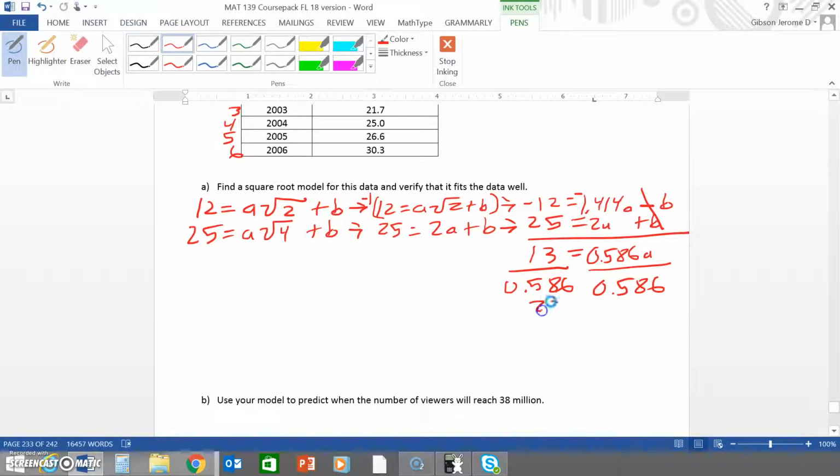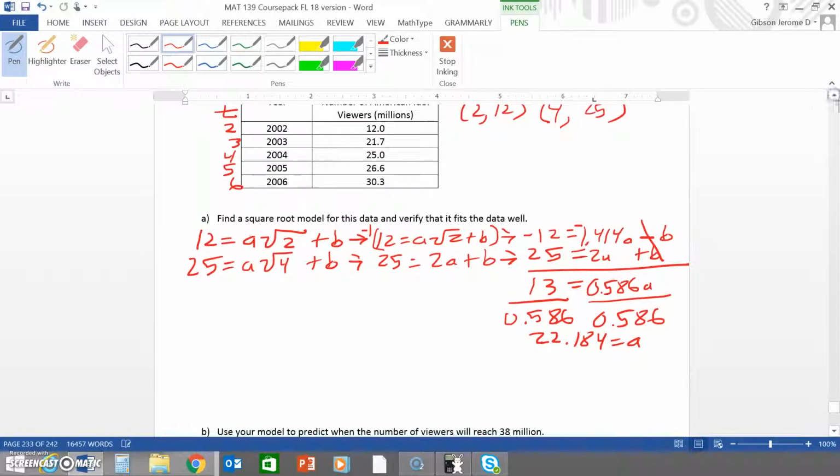We have 22.184 is equal to A. Before we do the formula, we have to pick one of these ordered pairs.